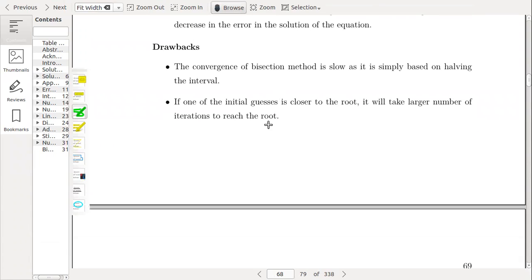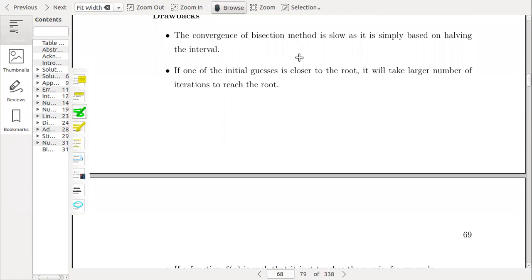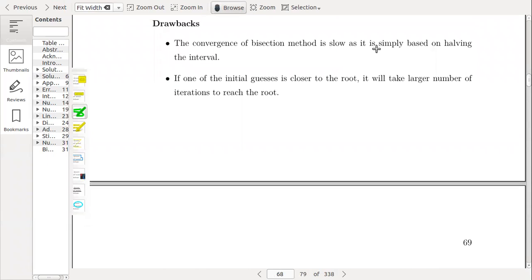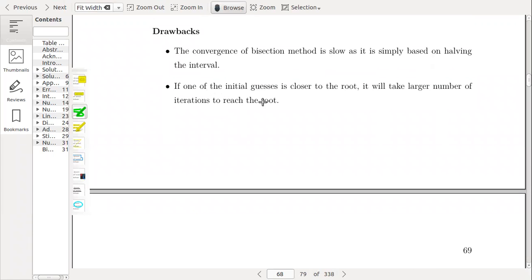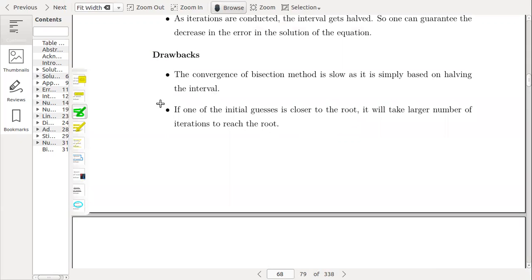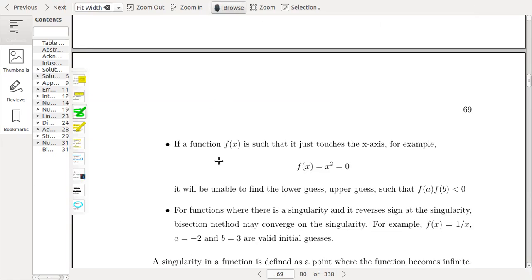And what are the drawbacks? Convergence of the bisection method is slow as it is simply based on halving the interval. And if one of the initial guesses is closer to the root, it will still take a larger number of iterations to reach the root. That is another disadvantage: your initial guess is even closer to the root, but still the algorithm takes more iterations.